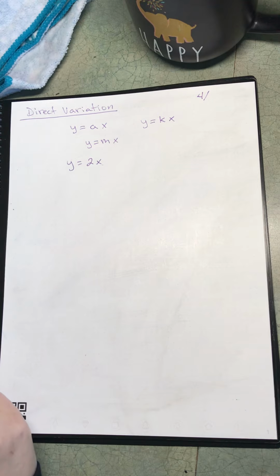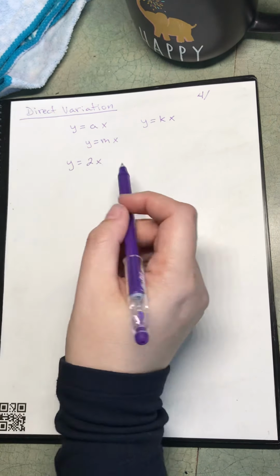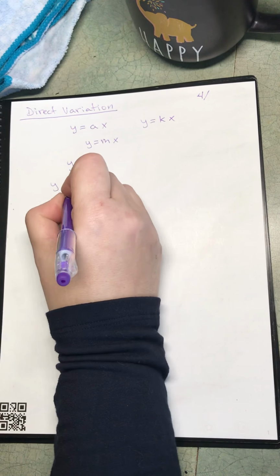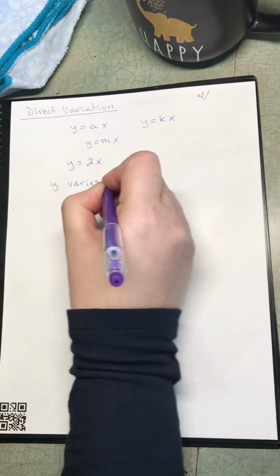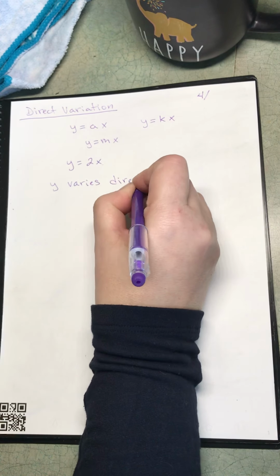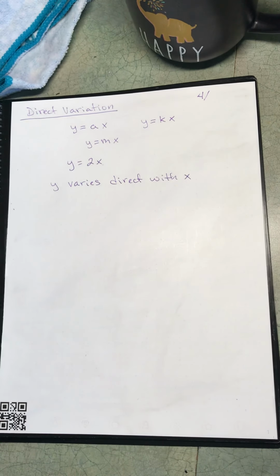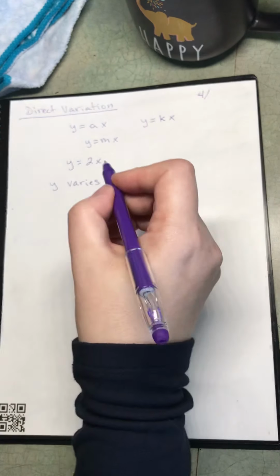So, when we talk about this in words, we'll say y varies directly with x. That's the way it will be worded.